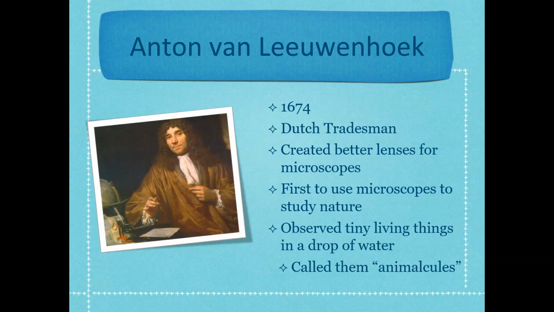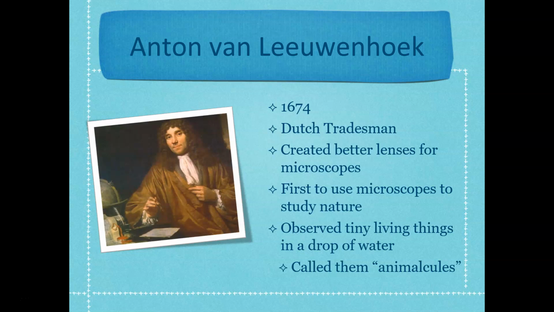How could he make them bigger, smaller, higher magnification so he could see more, and so forth. And in the process of him playing with those lenses, he put these better lenses into microscopes and was the first person to really study living things under a microscope. And he just kind of used them to study anything and everything that he would pull out of nature and just see what it looked like.